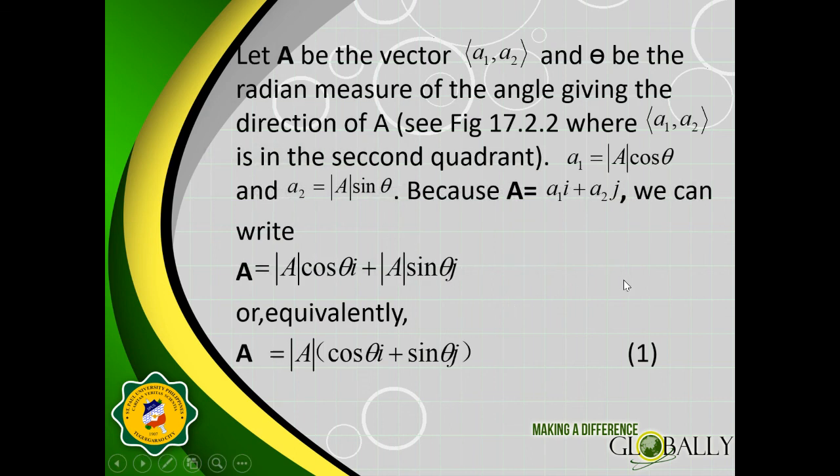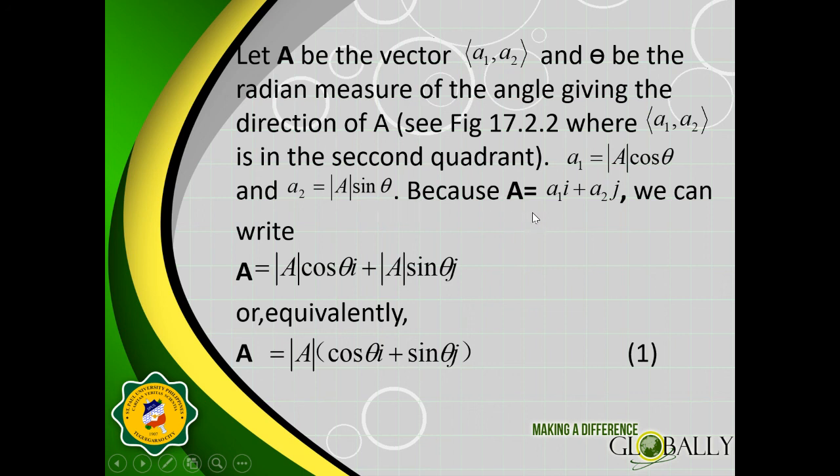Let A be the vector (A1, A2), and theta be the radian measure of the angle giving the direction of A. A1 equals the magnitude of the vector A multiplied by cosine theta, and A2 equals the magnitude of the vector A multiplied by sine theta.